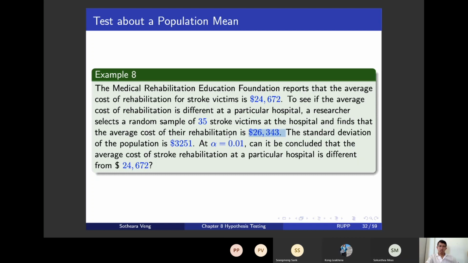The standard deviation for the population is this one, and at this level we can conclude that the average cost of stroke rehabilitation at a particular hospital is different from this value.